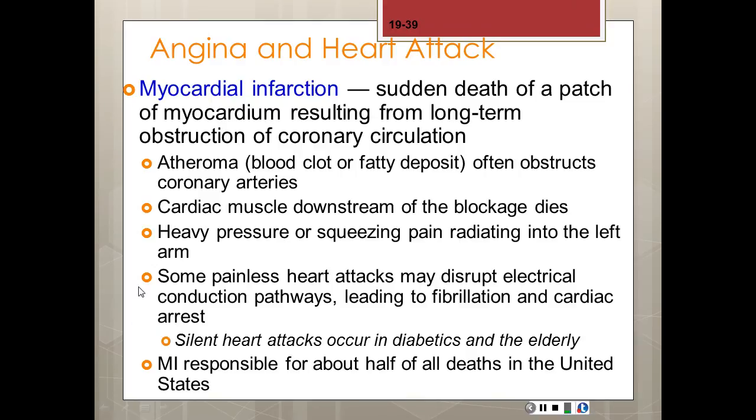So it can happen in anybody. That kind of might just be genetics, but you just never know. And now our MI is also responsible for about half of all the deaths in the United States. So don't forget, it's not only if you think that you're not healthy, but also in healthy individuals.